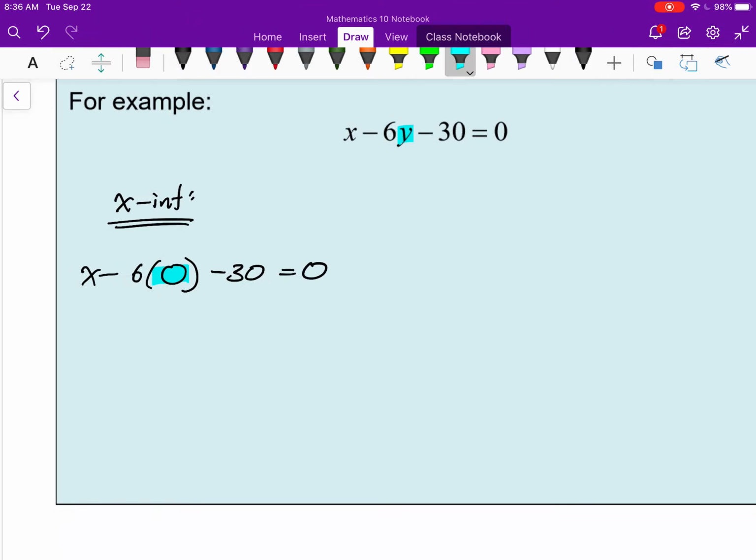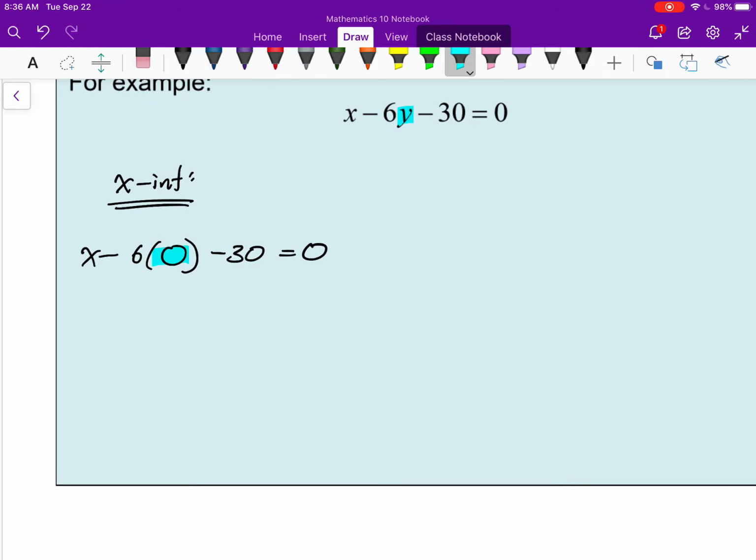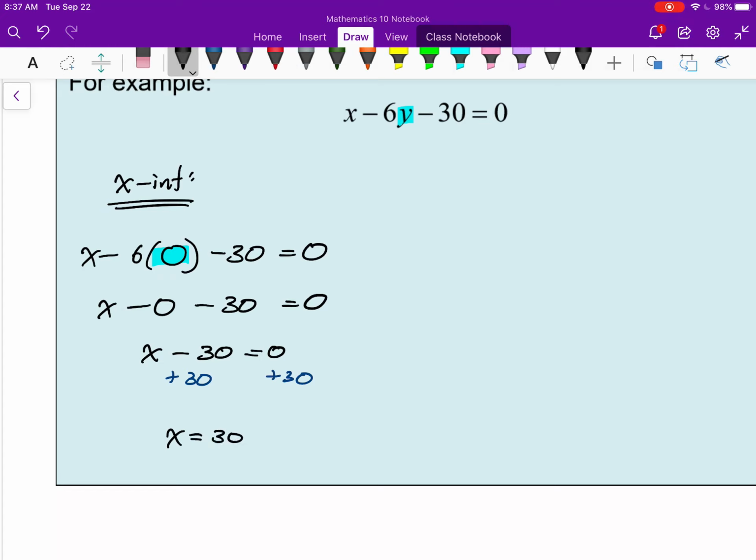I guarantee you're very good at your 0 times tables. And so x minus 6 times 0 is just x minus 0 minus 30, which is kind of silly even writing that step. Why not just get straight to x minus 30 equals 0? Which I can just tell that x has to be positive 30. Or if I can't tell, just add 30 to both sides. And so my x-intercept is 30.